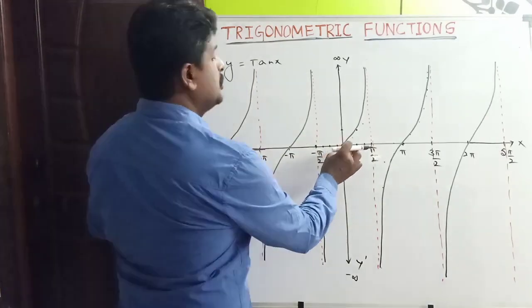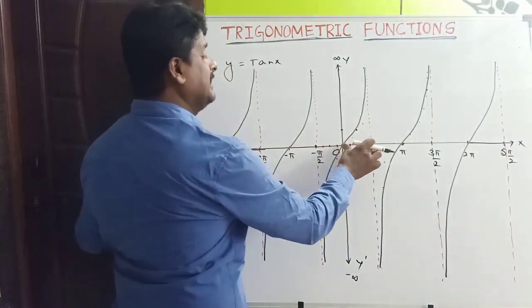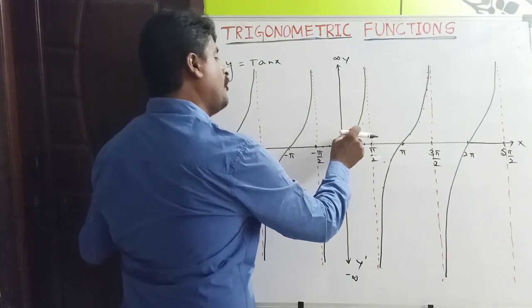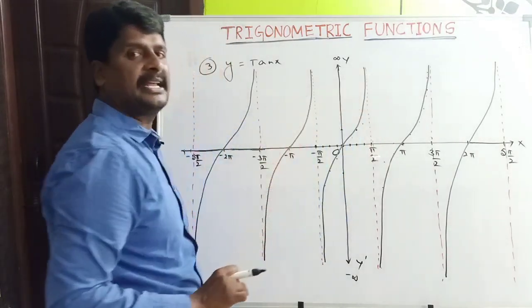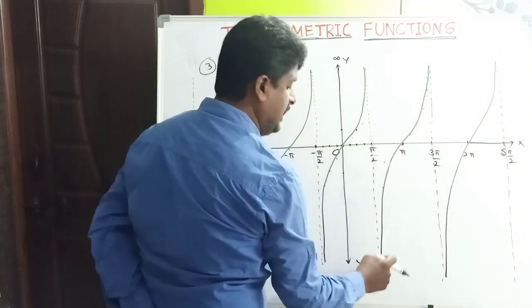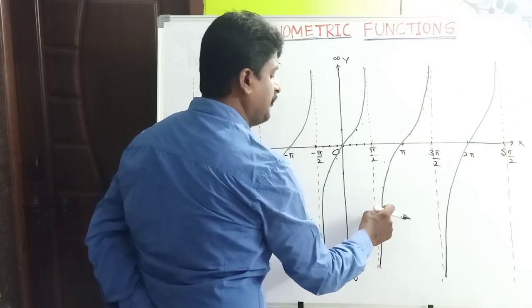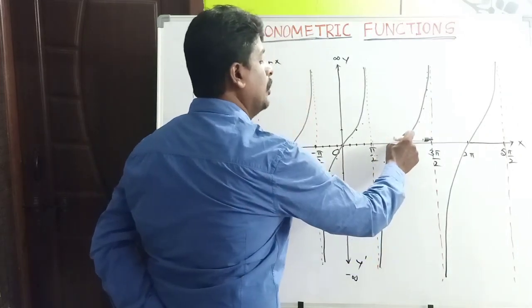Observe that 0 to pi by 2 is the first quadrant. In the first quadrant, the graph is always above the x-axis because tan x is positive. Second quadrant means pi by 2 to pi. Pi by 2 to pi, the graph is coming from minus infinity to 0.